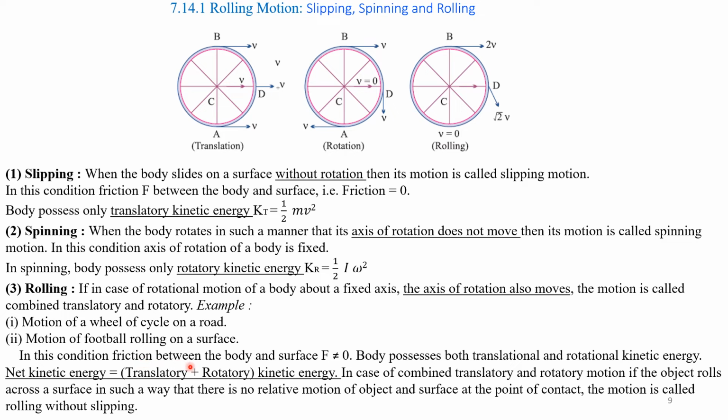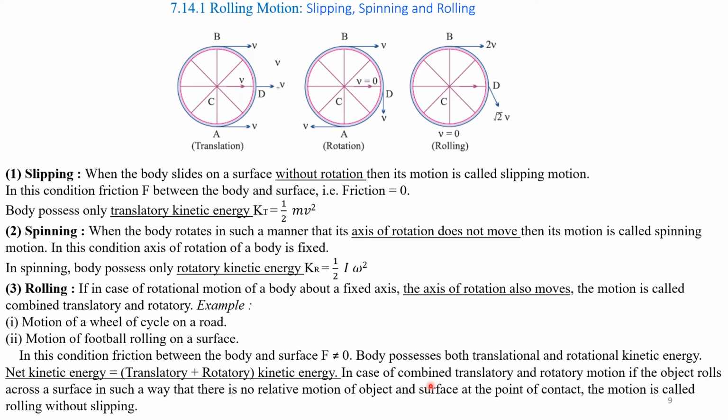In this condition, the friction between the body and surface is not equal to 0, because some part of the body is always in contact with the surface. The body possesses both translational and rotational kinetic energy. Net kinetic energy equals translatory plus rotary kinetic energy.